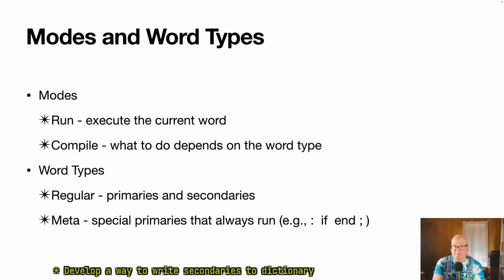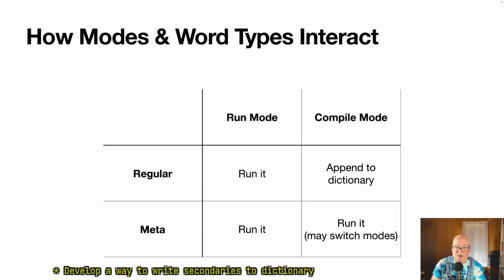Okay. So the metas are funny because in run mode or compile mode, they do their thing. If I make a little chart, in run mode, you get a regular word, you just run it. You get a meta word, you run it. In compile mode, a regular word just gets appended to the current secondary we're building up for the dictionary. And in compile mode, the meta runs the word anyway, just like it did in run mode.